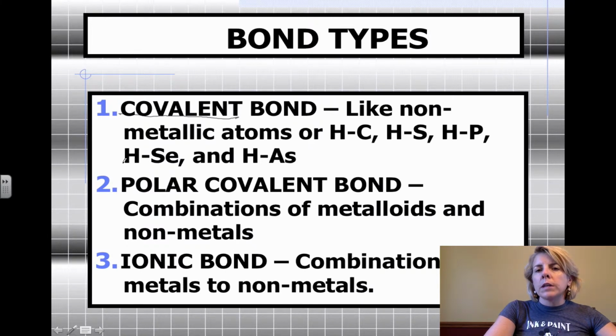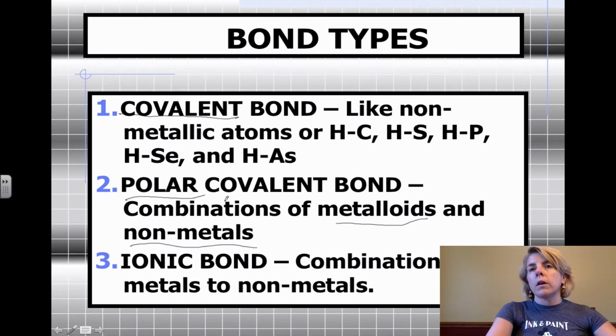So if you see hydrogen with carbon or sulfur or phosphorus, it's a good chance that we're talking about a covalent bond. Now for polar covalent bonds, a good rule of thumb is you may see a metalloid. Remember, a metalloid is in that step stair of the periodic table, and it'll be combined with nonmetals. So the nonmetals are in the upper right-hand corner.